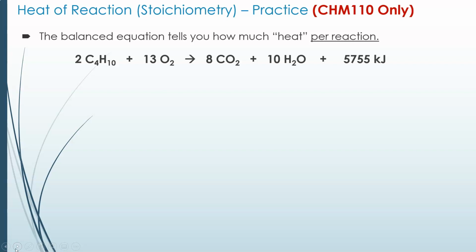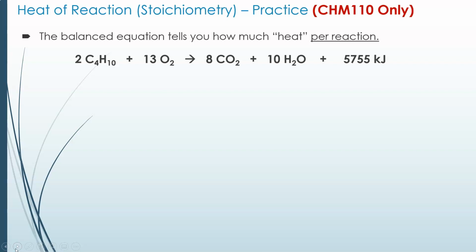And when you burn 2 moles of butane with 13 moles of oxygen, you'll produce 8 moles of carbon dioxide gas and 10 moles of water, but you'll also produce 5,755 kilojoules, that's 1,000 joules, of heat energy. In other words, it's 5,755,000 joules of energy. This is an enormous amount of heat that's generated from burning 2 moles of butane.